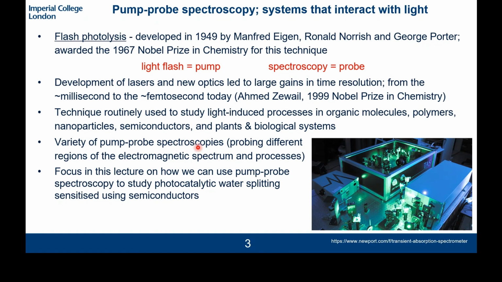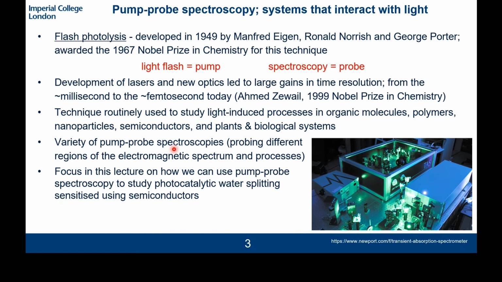So you can study a lot of things. And like I mentioned earlier, it depends on how you probe it. So it's a pump probe spectroscopy. You need to look at different areas of the electromagnetic spectrum to see what's going on. But what Reshma showed in her talk is that it depends on which area you probe in. If you probe in the low energy region, you see different things.